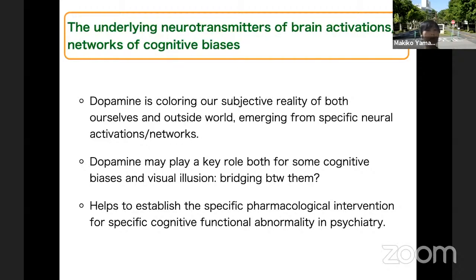Therefore, dopamine may play a key role both for cognitive biases and visual illusion, which may be bridging between them or not. In this way, this has a clinical implication because it helps to establish specific pharmacological interventions for specific cognitive functional abnormalities in psychiatry.